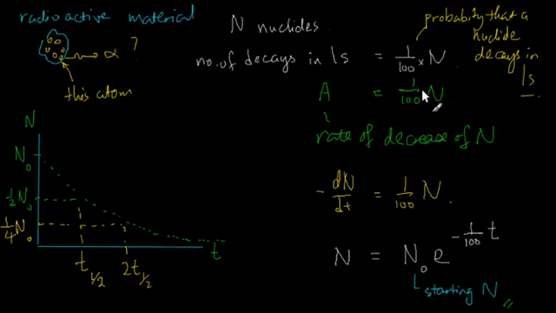But the fact that it turns out to agree with the observed, the measured behavior, the measured graph, confirms that this understanding is correct. It's actually right to think that each atom, each nuclei, has a fixed probability that it will decay in 1 second.